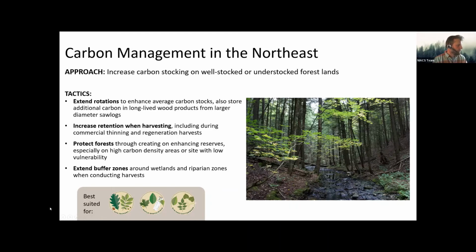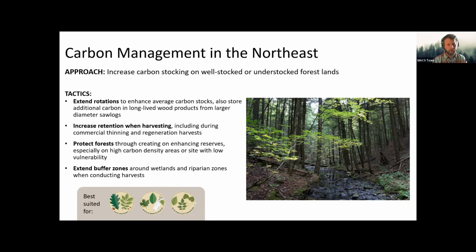And so I have those icons below, sort of like best suited for, and your mileage may vary with this. It's really site dependent, but places where some of these forest types are at the southern extent of their range, those are important considerations to think about, like the vulnerability of that particular stand.